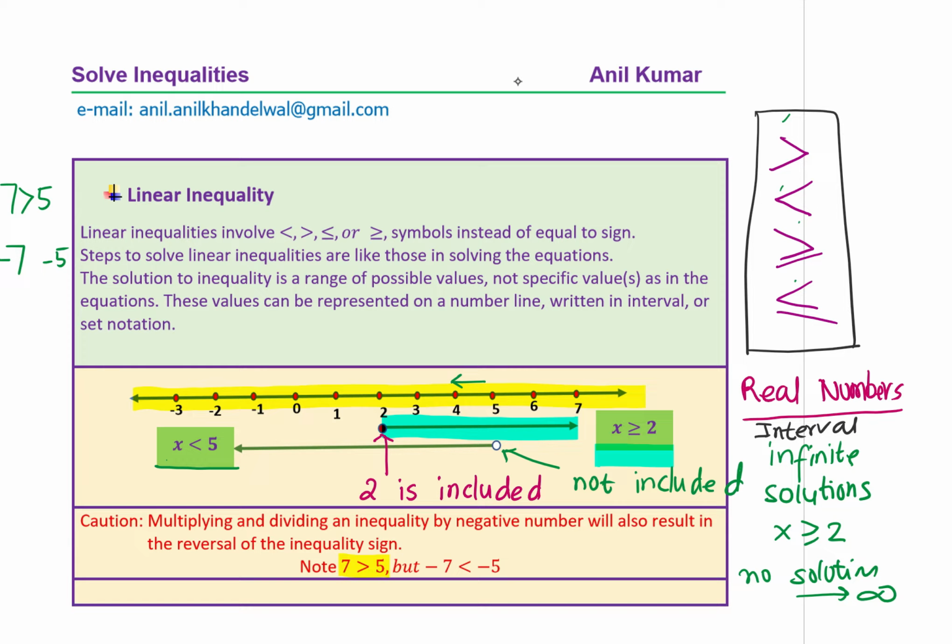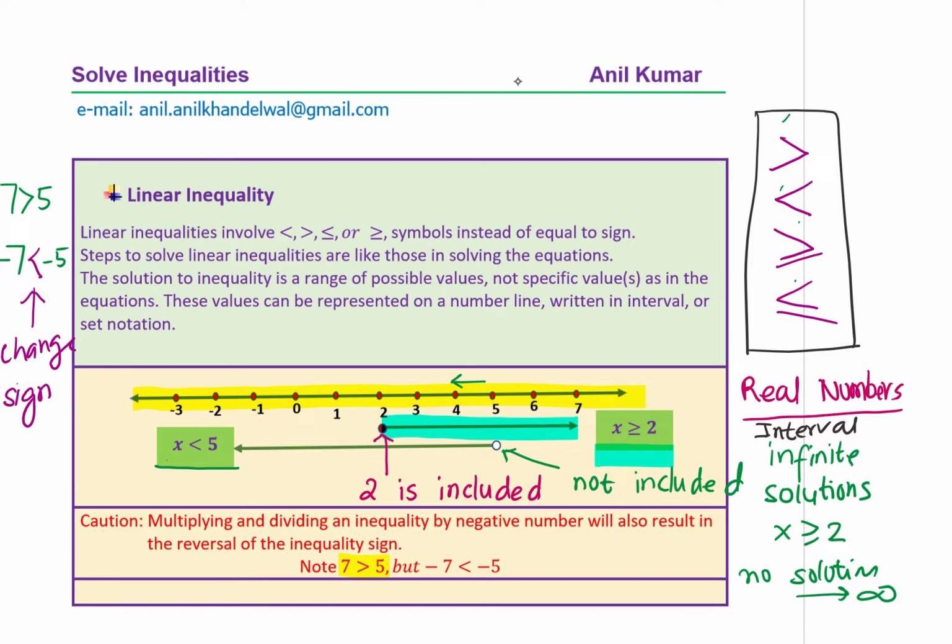Well, minus 7 is on the left side of minus 5. So in that case, minus 7 is less than minus 5. Do you see that? So what we did here: when you multiply or divide by a negative number, you have to flip the sign, that is, change the sign of the inequality.